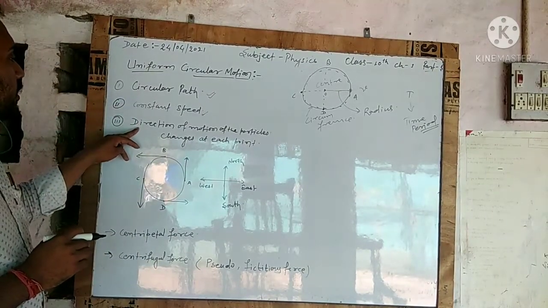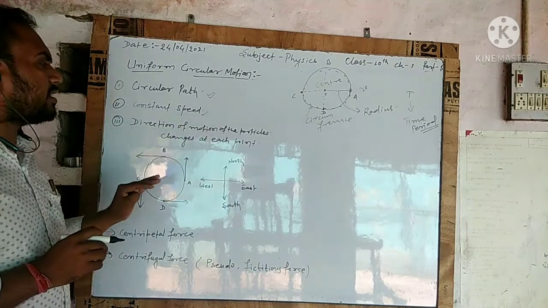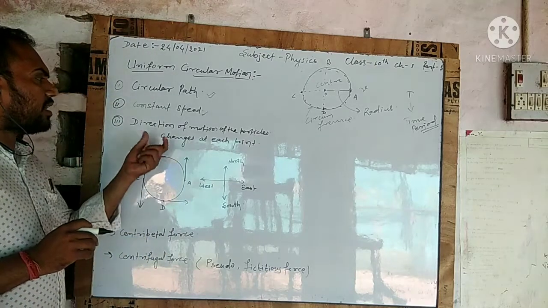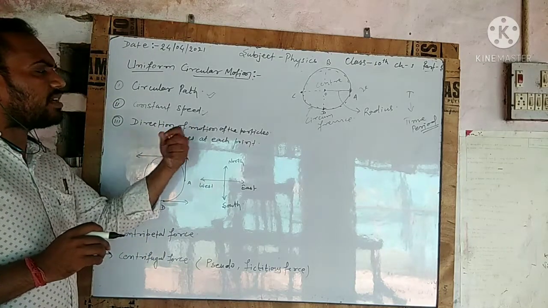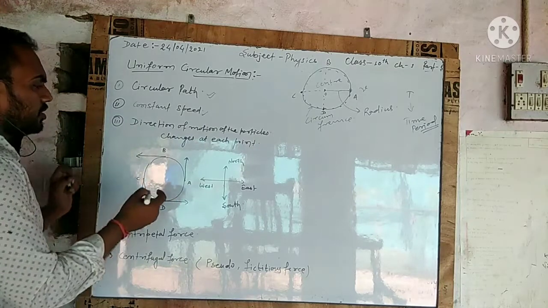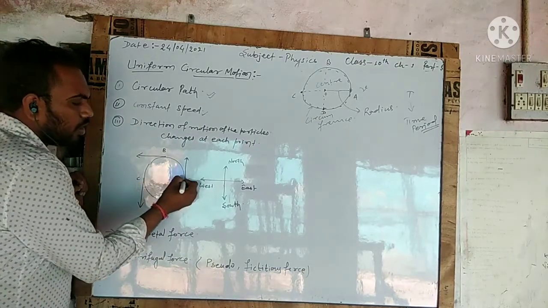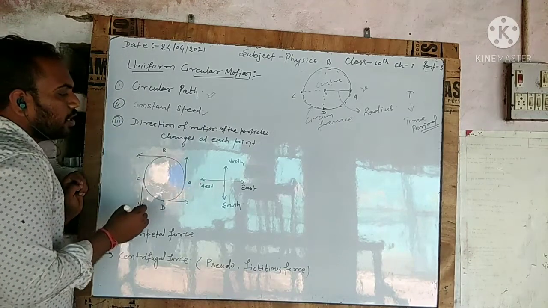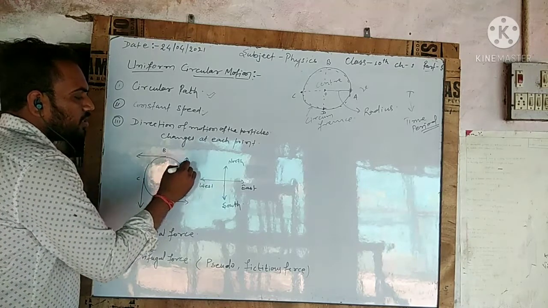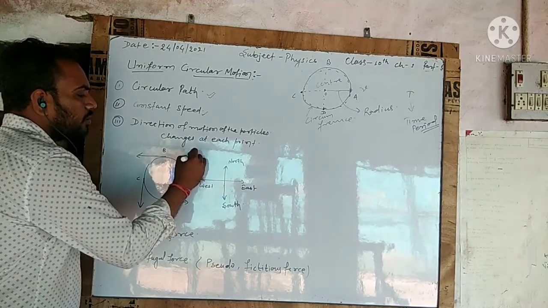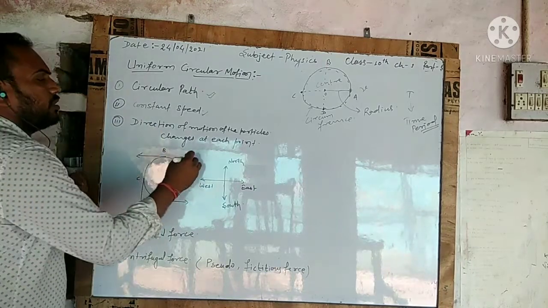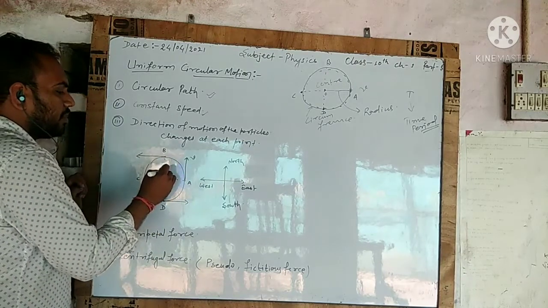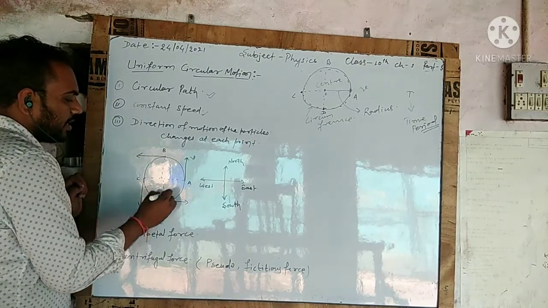The next point is that the direction of motion of the particle changes at each point. This is a circular path. When a body starts from A and starts moving, the direction of its velocity will be tangential, perpendicular to the radius. Here it will be tangential, here it will be tangential, here it will be tangential.